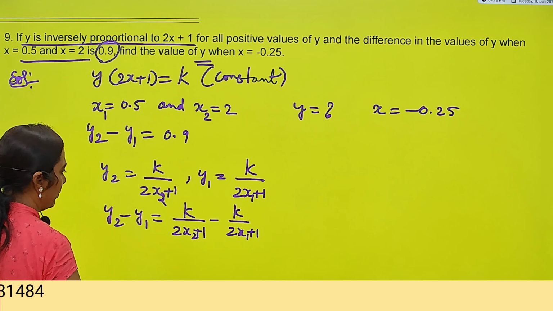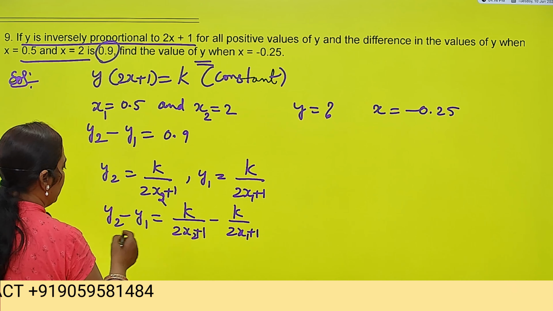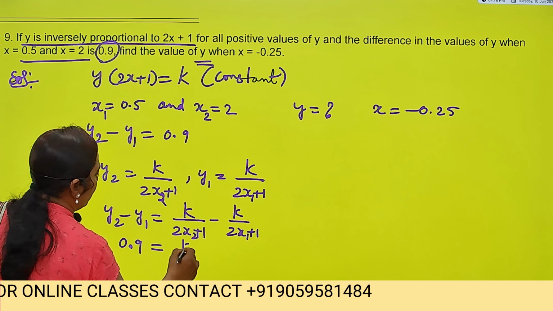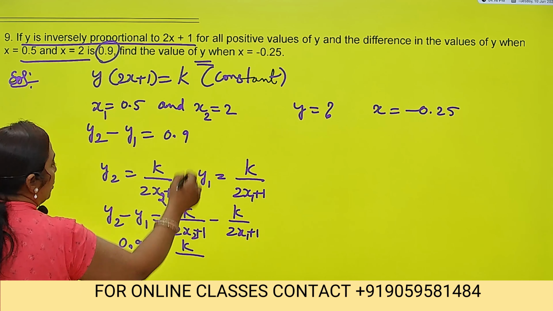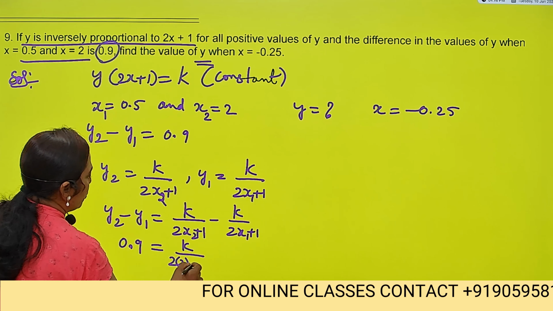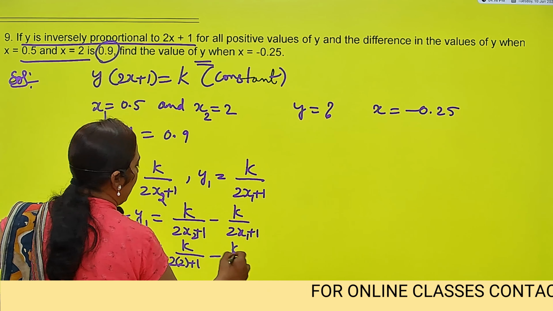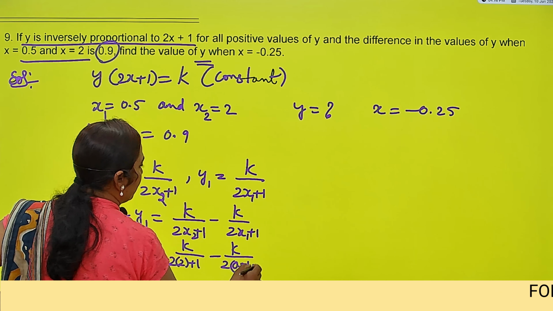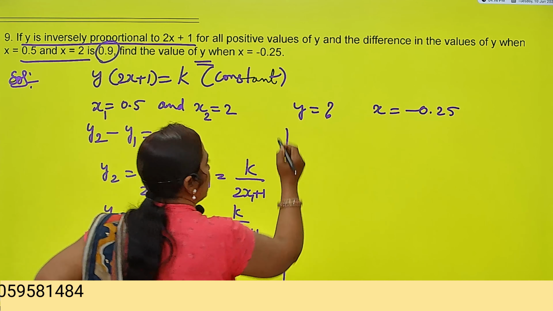Okay. Then substitute: 0.9 equal to k over 2 times x2, which is 2, plus 1, minus k over 2 times x1, which is 0.5, plus 1.